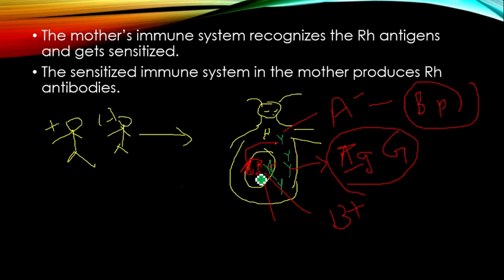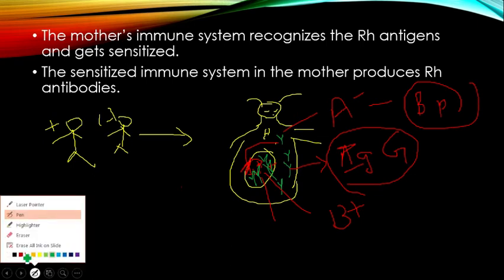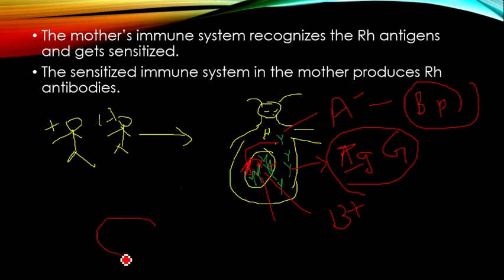The Rh antibodies which enter into the fetus interact with the fetus Rh antigen. See, I will draw the fetus blood cell. On the fetus blood cell we can see Rh antigen, because it belongs to Rh positive.